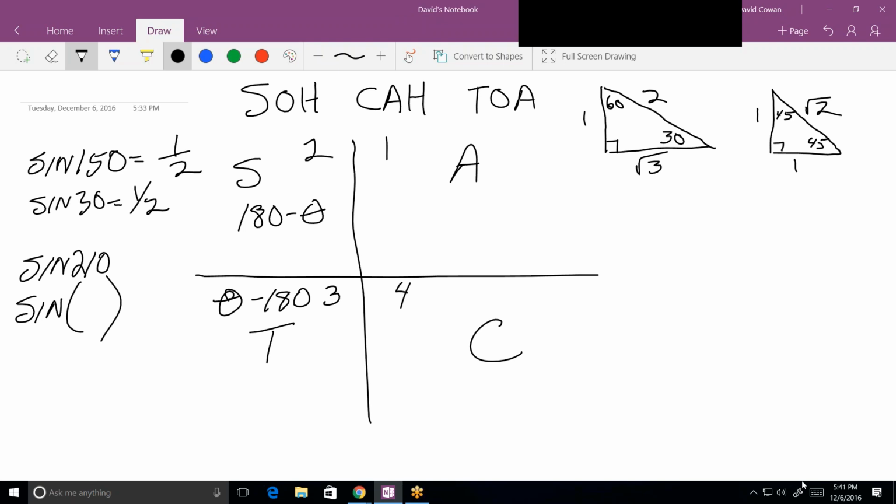Plug the angle in for theta. Well, what's 210 minus 180? If you plug the 210 in for theta, then it's 210 minus 180. That's 30. Okay? Now, what's the sine of 30 again?